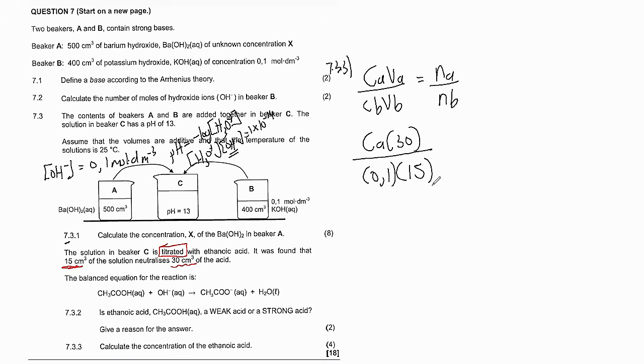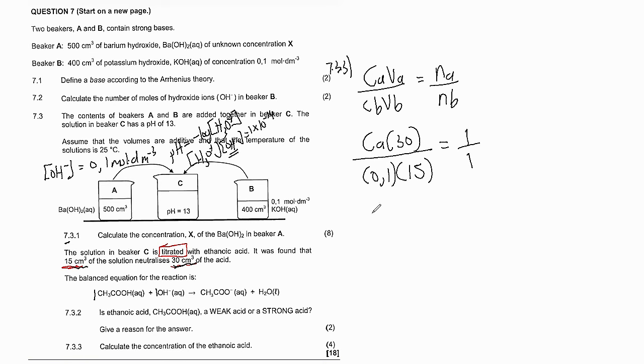Now remember, we've already covered the fact that in this formula, it is not necessary for you to convert your volumes to dm³. Why? Because eventually the SI units will just cancel out here. And then for Na and Nb, we also covered that we are not required to calculate the number of moles, but rather we are using the molar ratios. So our coefficients here. Coefficient of the acid is 1. Coefficient of the base is also 1.